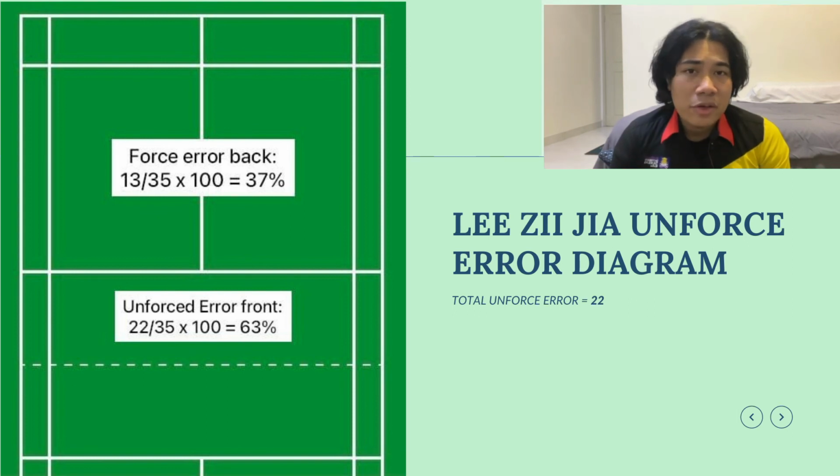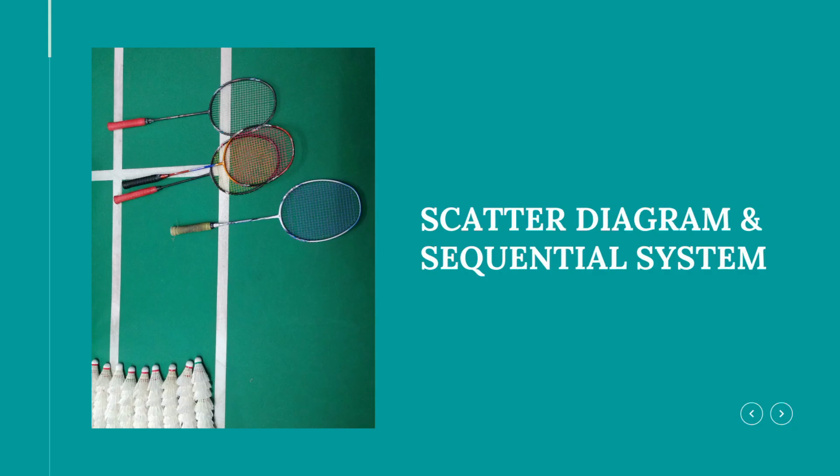They are scattered all over the area, but more focused on that particular area. So we can see that Lizzie made many mistakes by himself by putting the shuttlecock out of Kento Momota's court. That makes him, Lizzie, commit an unforced error.